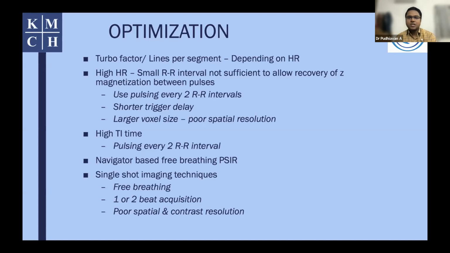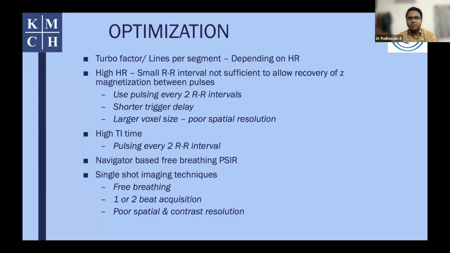So that is a drawback. So you cannot decrease the trigger delay to a very small time. So then you'll have to either do pulsing every 2 RR intervals, or you'll have to increase the voxel size so that the scan duration reduces. But this will also cause poor spatial resolution.